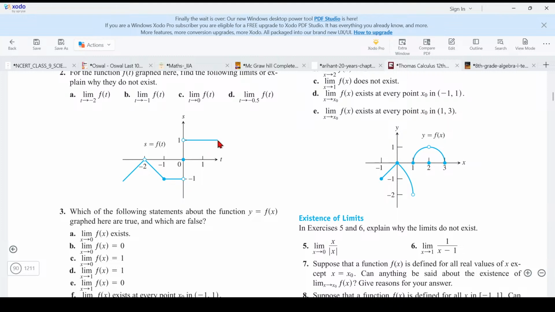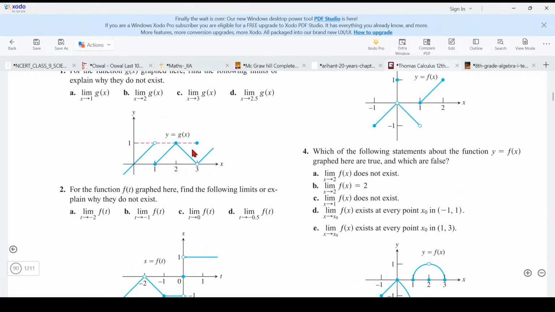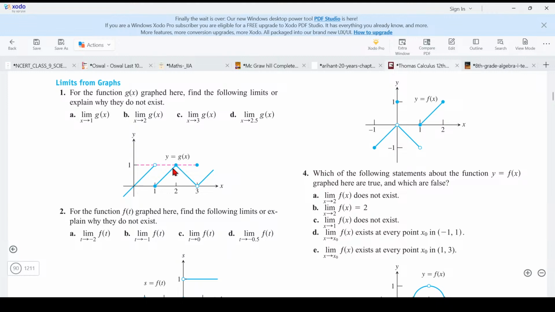Similarly, if you are approaching 0 from the right side, where are you approaching? To 1. Both are not same, no? Your left approach and right approach should give the same result. Then the limit exists. In this case, at 2, what is your left approach? Almost equal to 1.